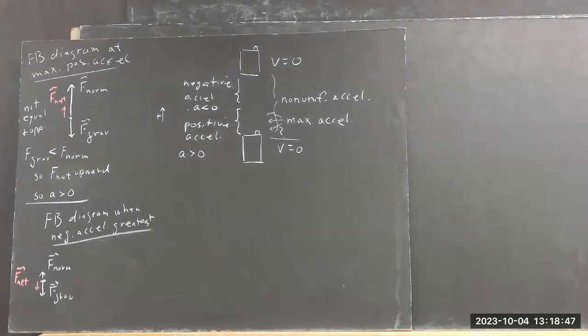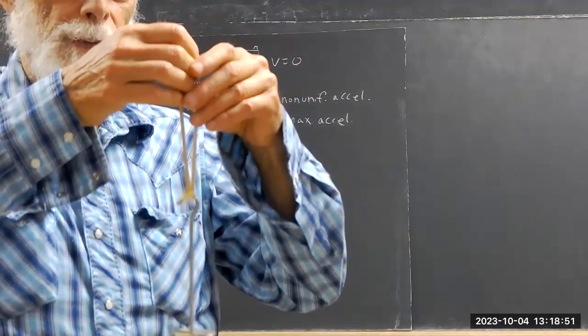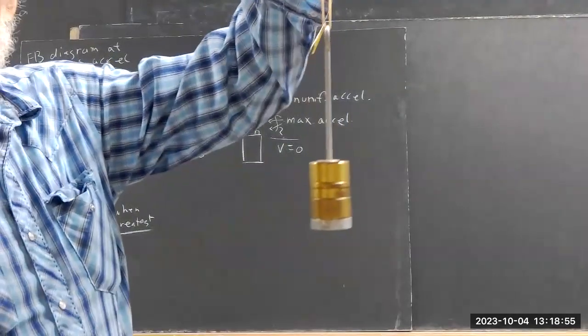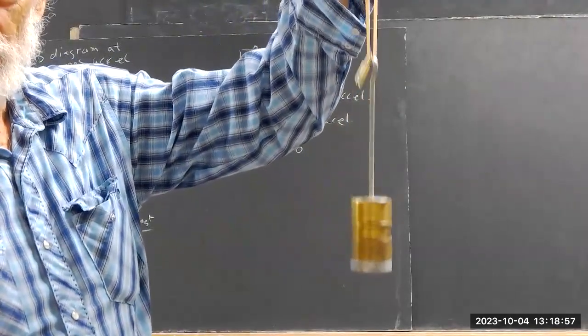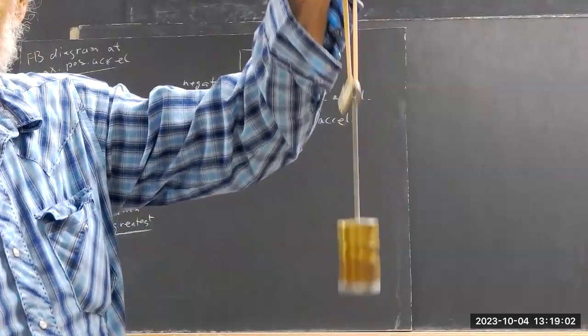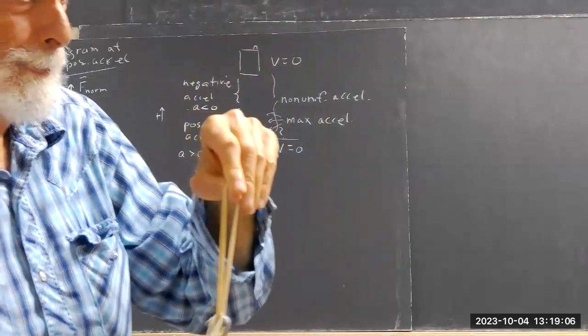I'll also mention that the most common type of motion you have in the whole universe is simple harmonic motion. And this is just a preview, but it's like this. It's an oscillatory motion. This is an approximate simple harmonic motion.